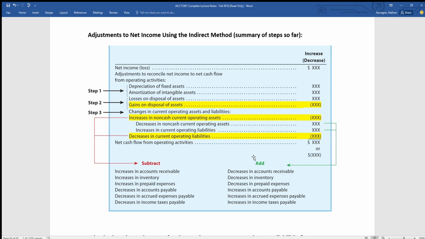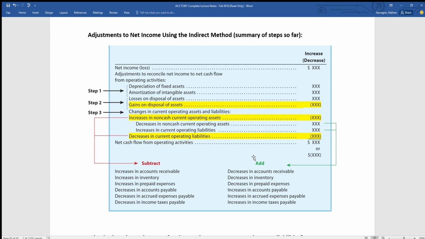So depreciation of fixed assets, we end up again adding those back. Any amortizations we add back. Any losses on any disposal of assets we add back. Gains we're going to decrease, so we're going to subtract any gains.